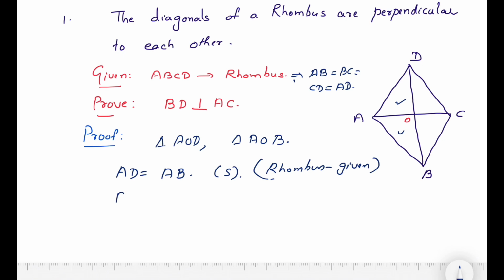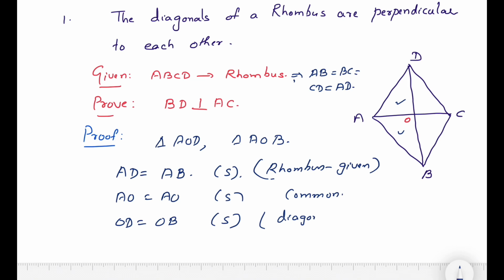And then AO equal to AO, common side. And then you have OD equal to OB. The reason is diagonals bisect each other. A rhombus is a parallelogram, and diagonals bisect each other in a parallelogram.